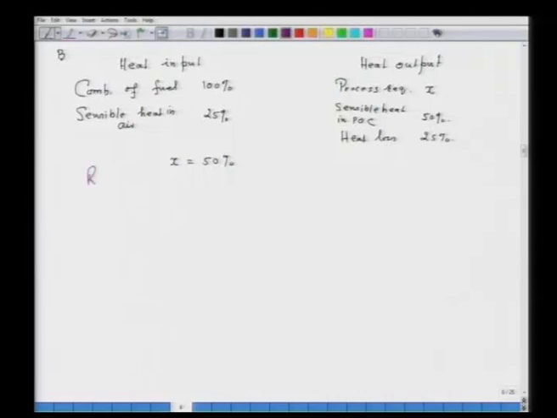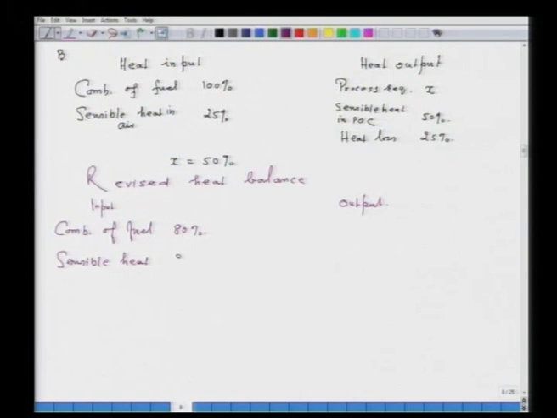Now, the revised heat balance would look like this. Input and output. Combustion of fuel is equal to 80% and sensible heat is equal to 20%.